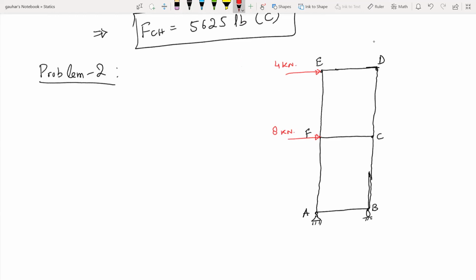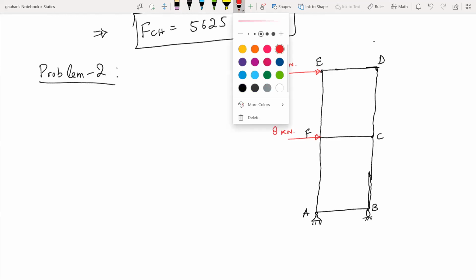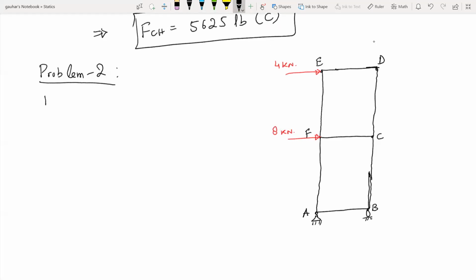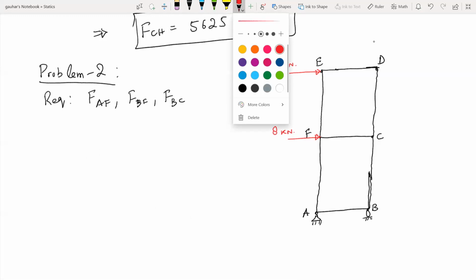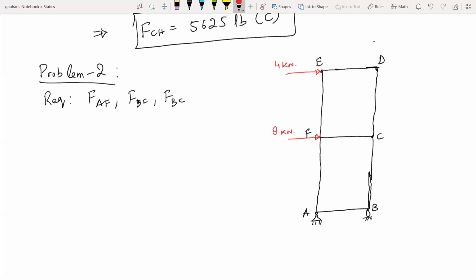Now we need to find the member forces in which members. So the requirement is FAF, FBF, FBC. So member forces in these 3 members, right? So which members? AF is this guy, BF.